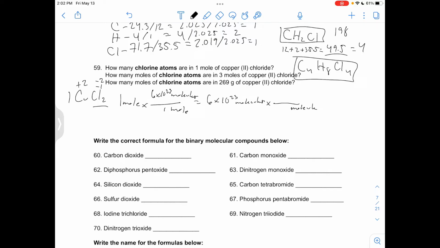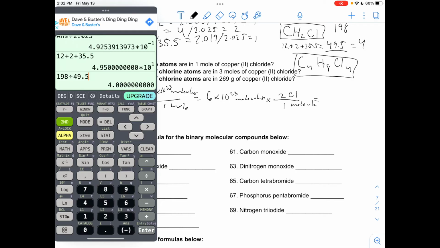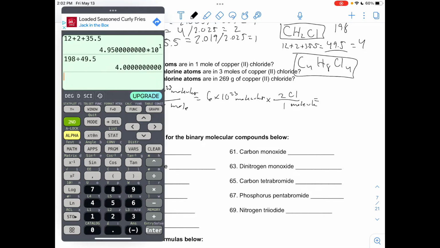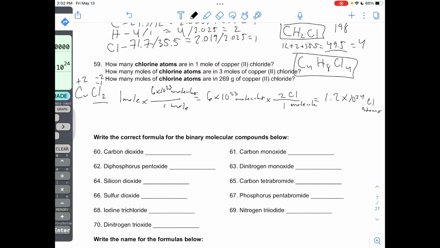And notice, if there's one of these molecules, there's 2 chlorine atoms. So basically, we're multiplying that really big number by 2. So we have 6 times 10 to the 23rd times 2, so we get 1.2 times 10 to the 24th chlorine atoms.